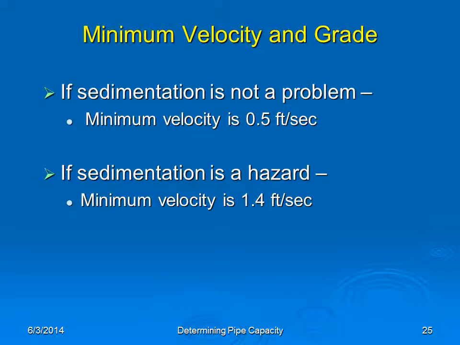If sedimentation is judged not to be a problem, the minimum velocity is 0.5 feet per second. But if sedimentation is a hazard, we have a minimum velocity of 1.4 feet per second. A higher velocity will allow less sediment to settle out into the tile.